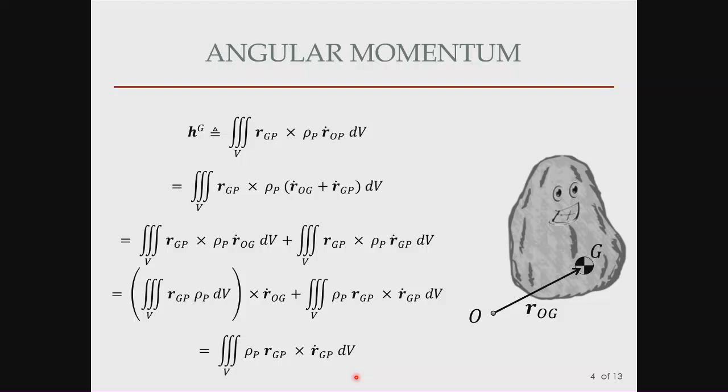I will substitute, instead of RGP, more XYZ components of this vector, and this one also XYZ components of this vector. So I'm going to define this vector RGP. And in order to define its XYZ components, I need a frame. Okay, so I'm going to define a frame.